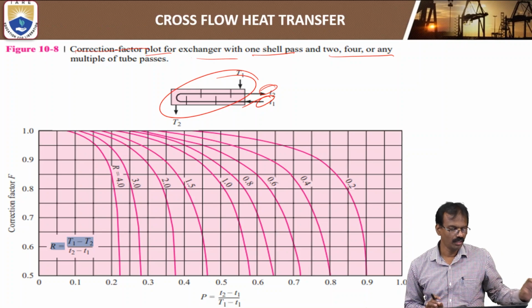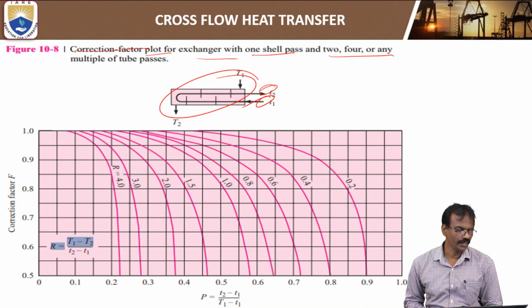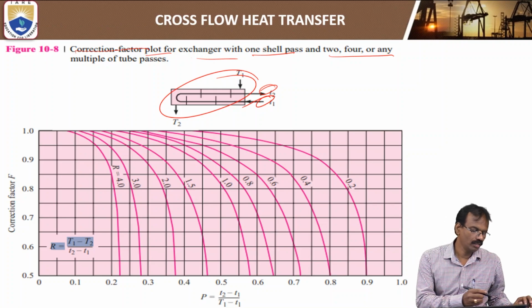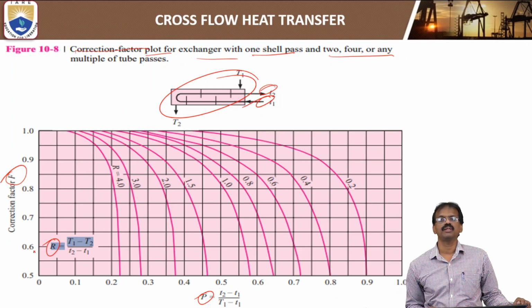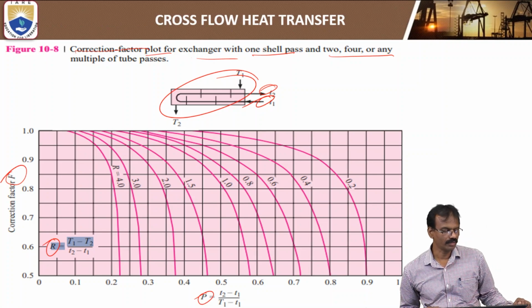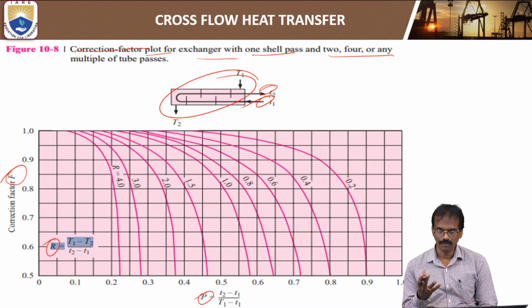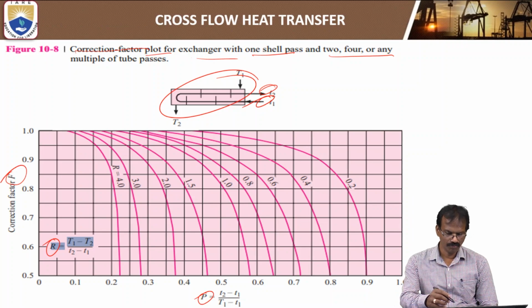So by taking this figure, you can find out the correction factor F value with respect to P and R constants. We'll see what is P and what is R, and how to find out the P and R with the temperatures which are given in the numerical. So this is the first figure.